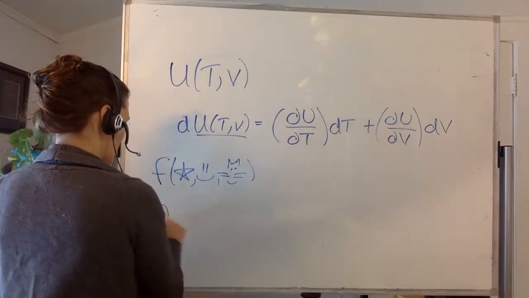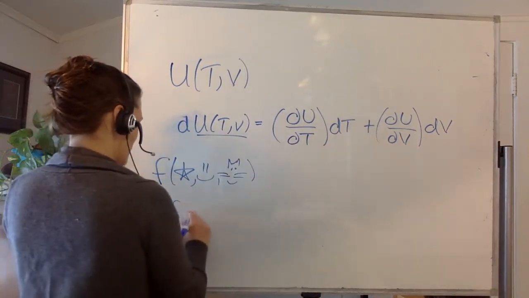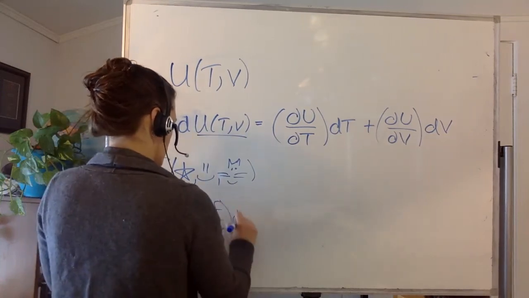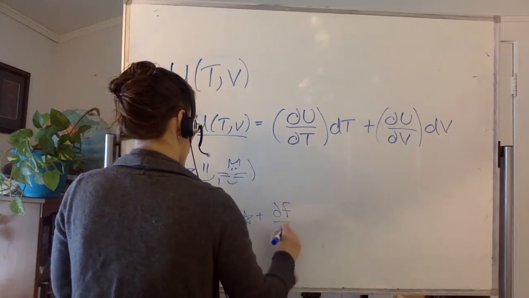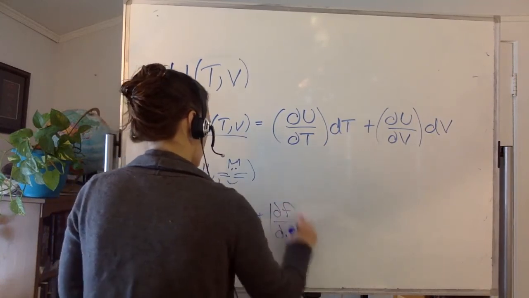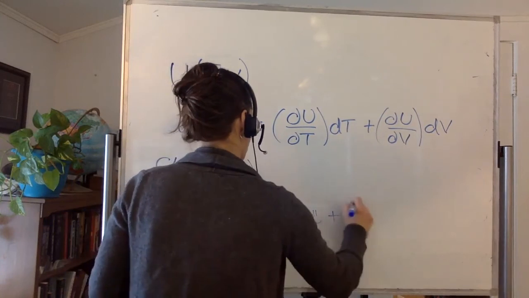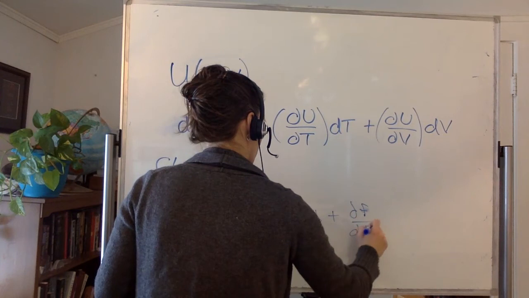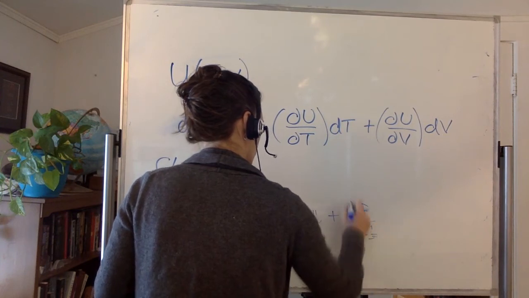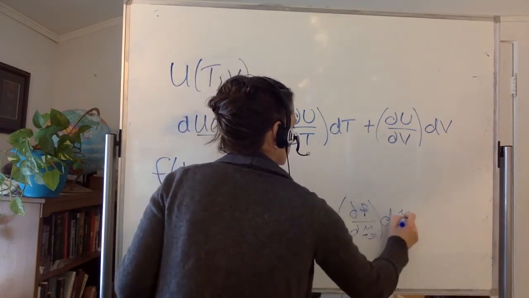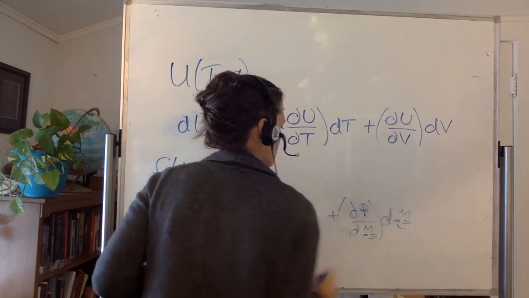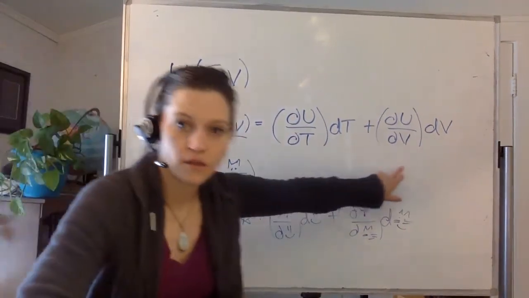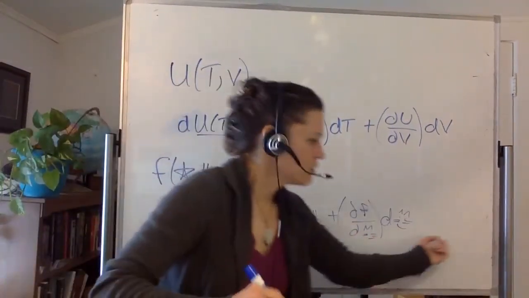So that means that my total derivative of f is equal to the partial f, partial star, d star, plus partial f, partial smiley face, d smiley face, plus partial f, my function, partial cat, d cat. Okay? And so if you have 6 things here, you will have 6 things added together.